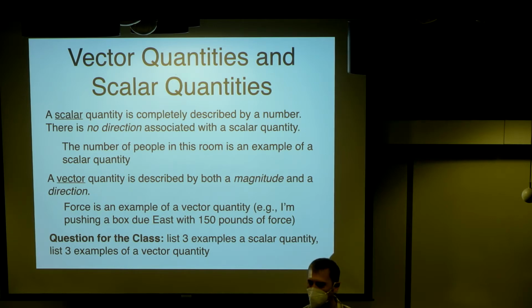There are lots of examples of this. 20 apples. Yeah, so any kind of counting, counting the number of things, so counting a number of apples, number of people in the room. Can you think of anything else? Kind of volume. A volume, yeah. If I were to take some kind of space and measure its volume, that would be a scalar. You said time. Yeah, time would be another good example.